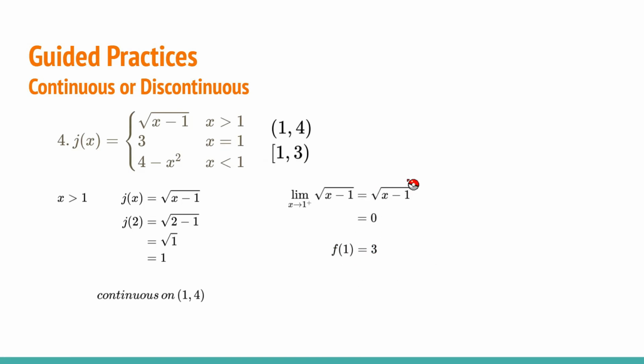So therefore, it is discontinuous on the closed interval 1 to open interval 3. We no longer need to find the limit and function value of 3, since just from doing that at 1, we can already conclude that the function is discontinuous.